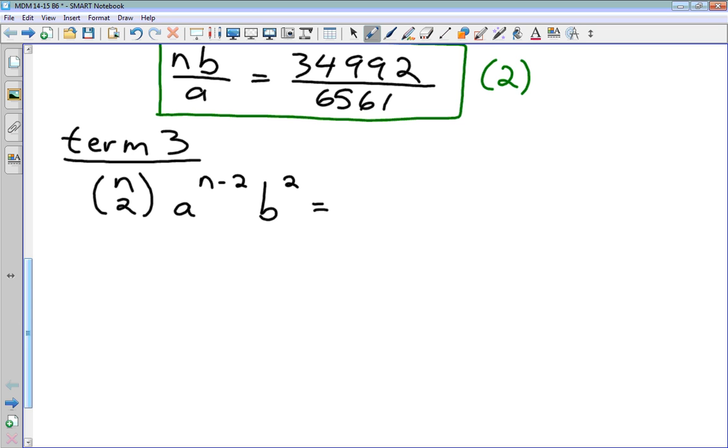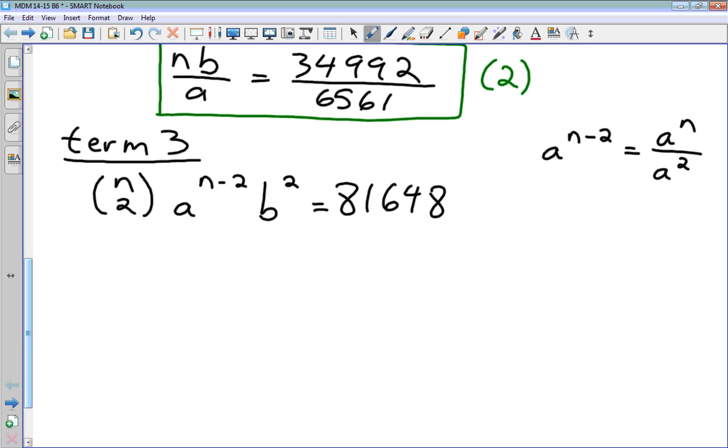And we're told in the question that this is equal to 81,648. Well, I think you can see a little bit about where we're going to go with this. We're going to take the a to the n minus 2, and just like we did for term 2, we're going to write it as a to the n divided by a squared. So that's one substitution we can make.